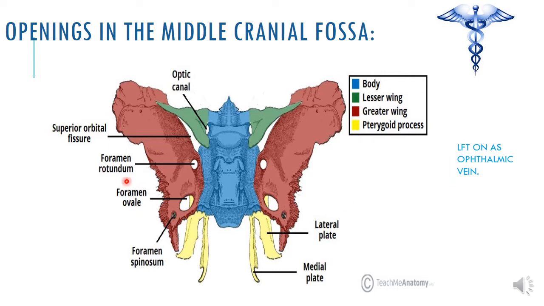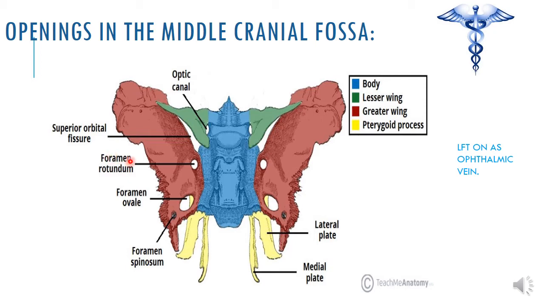Okay, now coming to the next opening, the foramen rotundum. This foramen rotundum lies posterior and on the lateral side, so it is posterolateral to the superior orbital fissure. Now the important nerve that passes through this foramen rotundum is the maxillary nerve.